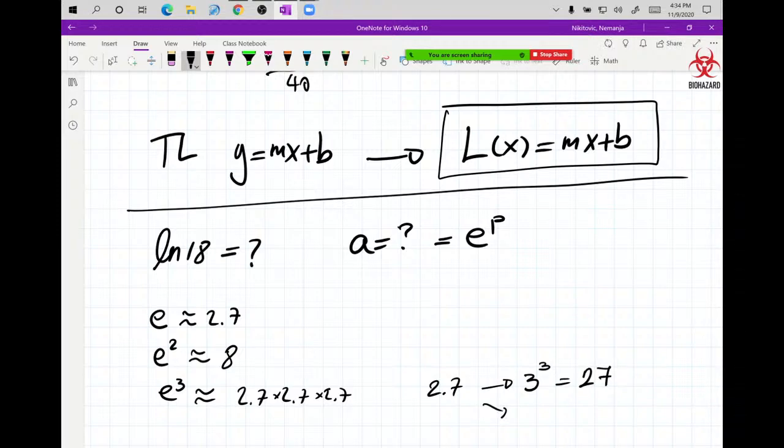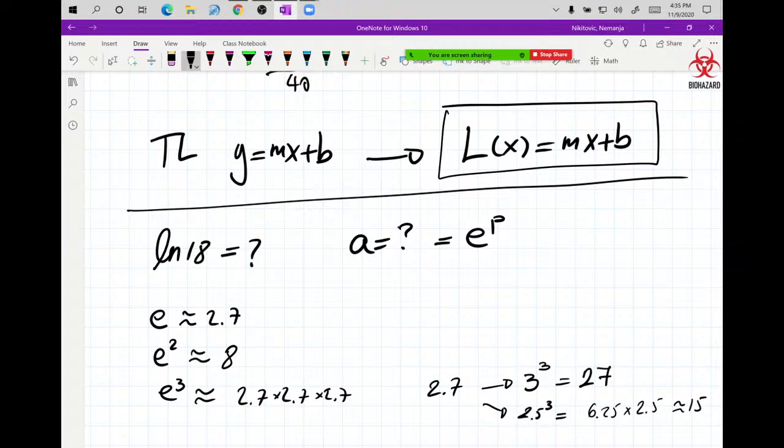But if you approximate this as 2.5 cubed, then you are getting 6.25 times 2.5, that's going to be 12, in the neighborhood of around 15.